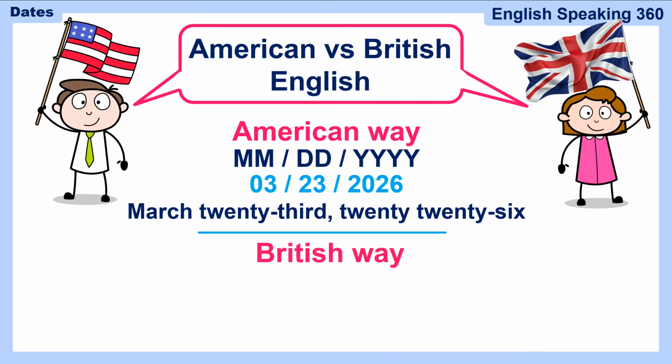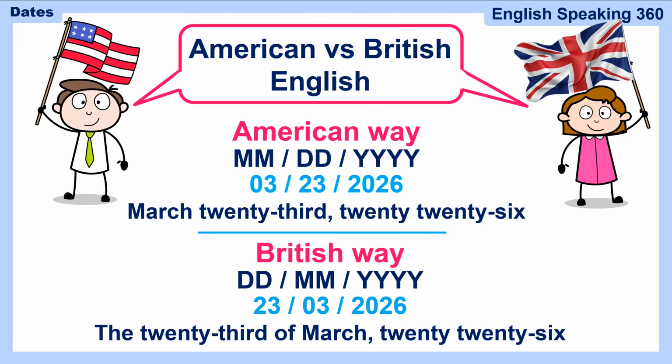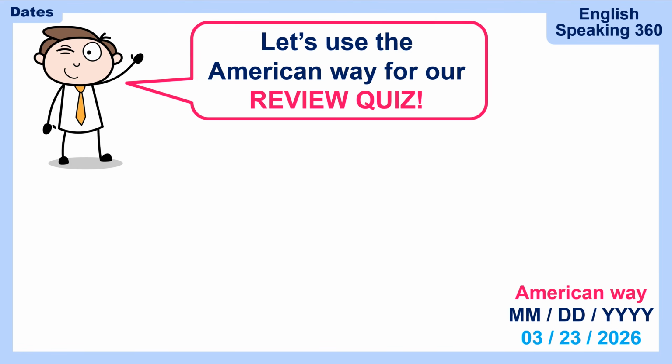However, there is also the British way. British people use day, month, and year, the 23rd of March, 2026. So this way of reading the date matches the British way a lot more. Let's use the American way for our review quiz.